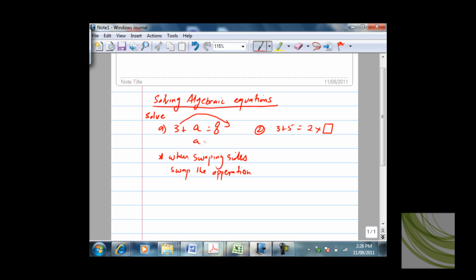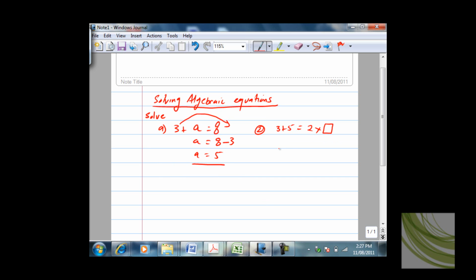So if I take the 3 to the right hand side, because 3 is added, you'll have to swap the operation, and the opposite operation of addition is subtraction. Hence the answer we get is A is equal to 5.